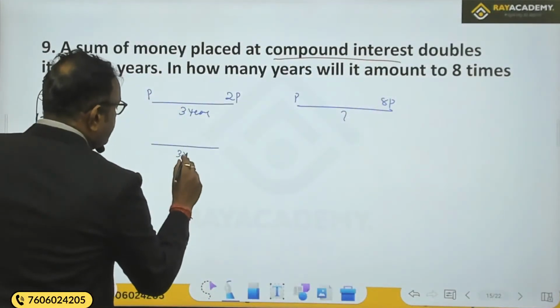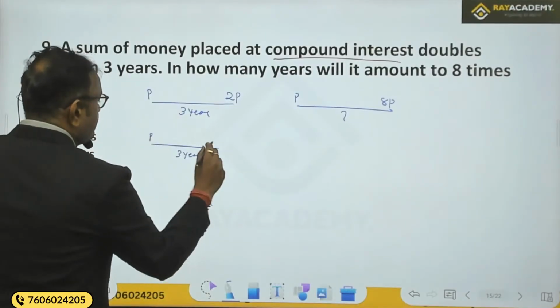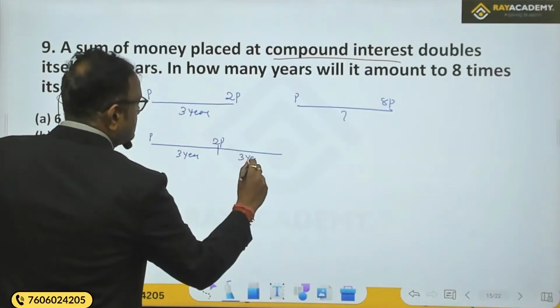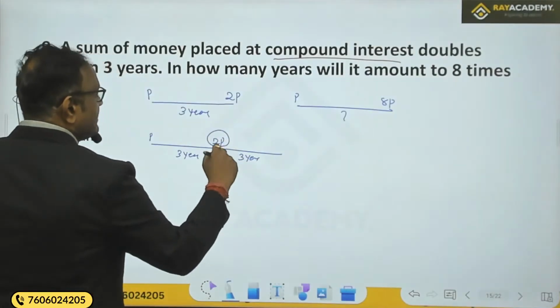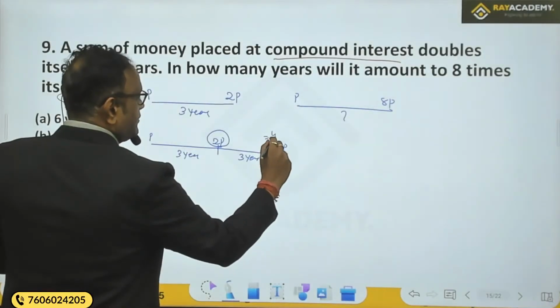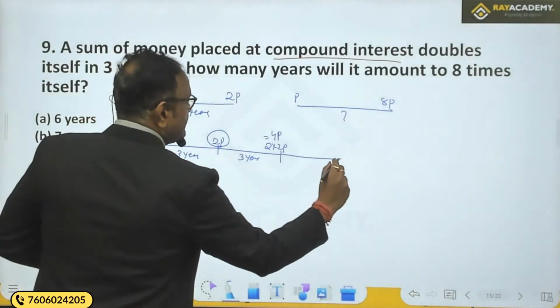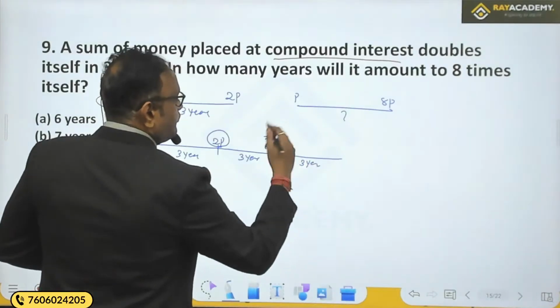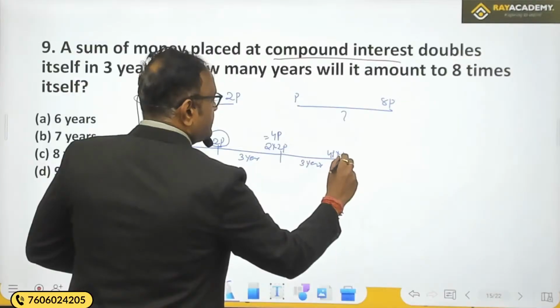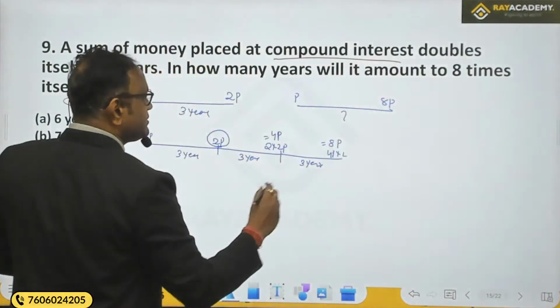In the first 3 years it becomes P to 2P, twice. In another 3 years, what will it become? Whatever was 2P will double again: 2 into 2P, that is 4P. In another 3 years, the 4P will double again: 4P multiplied by 2 is 8P, and this is what we require.